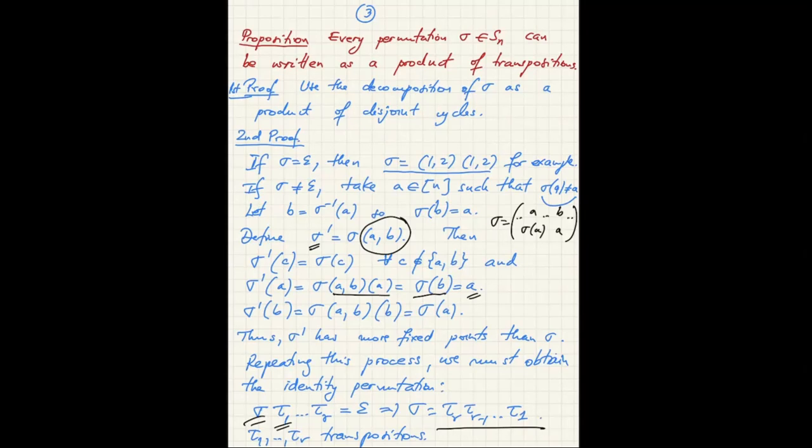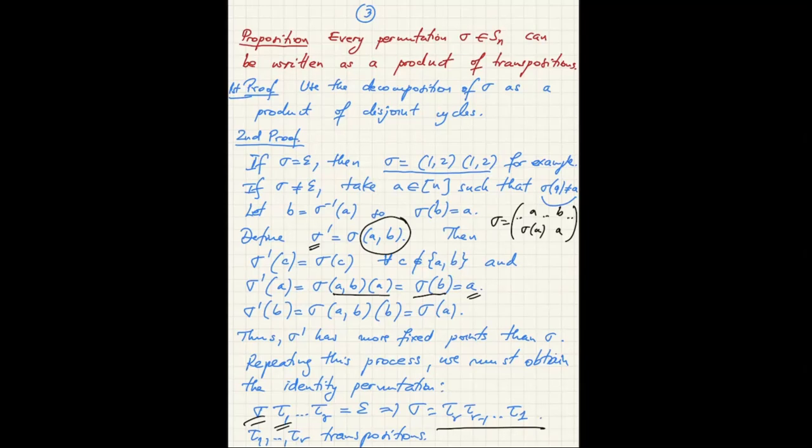Now, the second proof is more direct and has a bit more intuition in it, and it doesn't use the decomposition into disjoint cycles. It works as follows. If our permutation is identity, then you can write it as a product of 2 transpositions if you want, or a product of 0 transpositions.